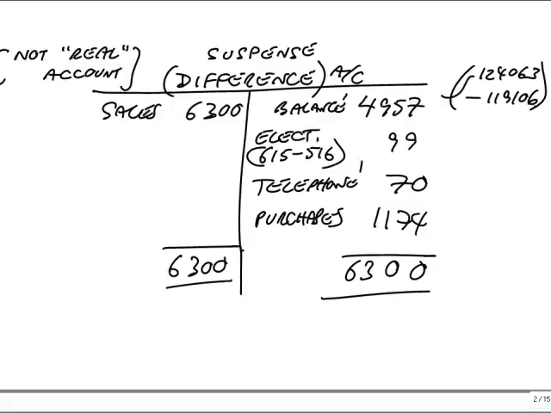Fine. In real life, things aren't so easy. I don't know if any of you have ever done this. I have. You do a trial balance. You have an error of 4957. Nobody gives you a list of errors, obviously. You go through and start checking.